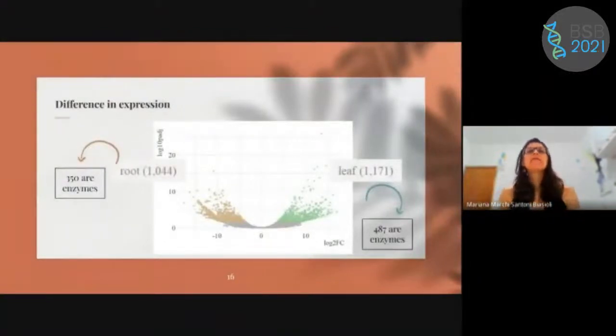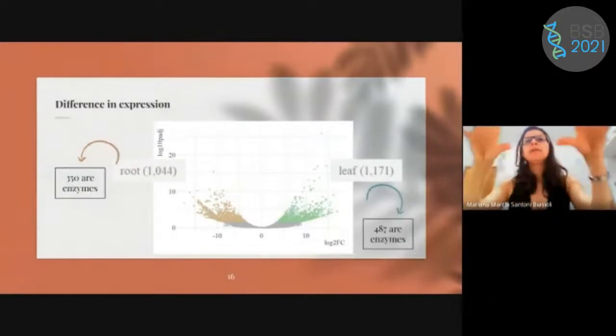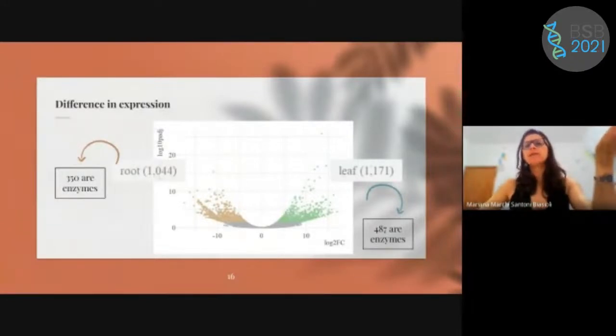And if we look at the comparative transcriptome, looking for which genes are mainly expressed in root or mainly expressed in leaf, we can find this number of genes mainly expressed in root, and this number of genes mainly expressed in leaf. It's not exclusive, it's mainly expressed.